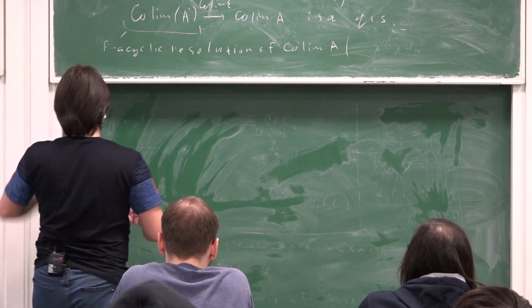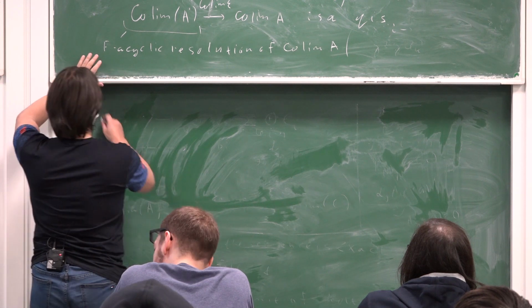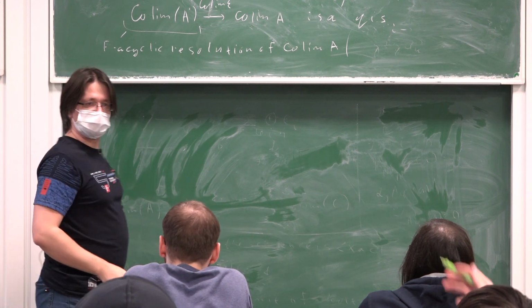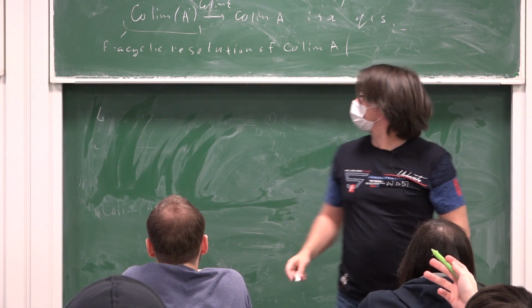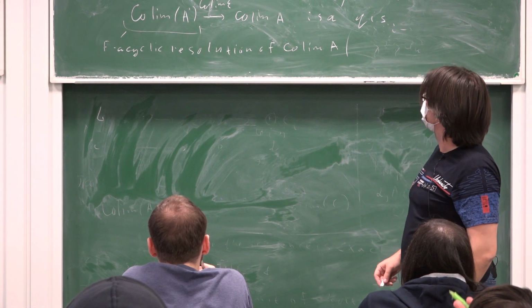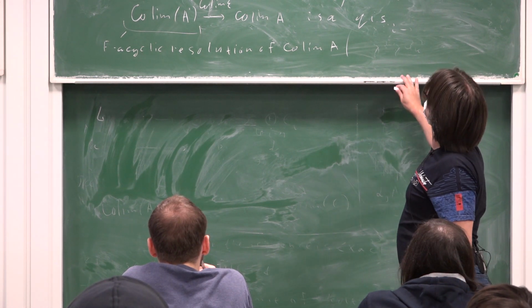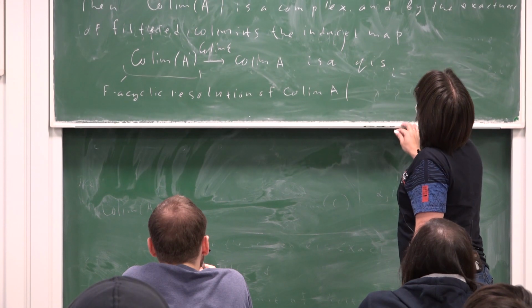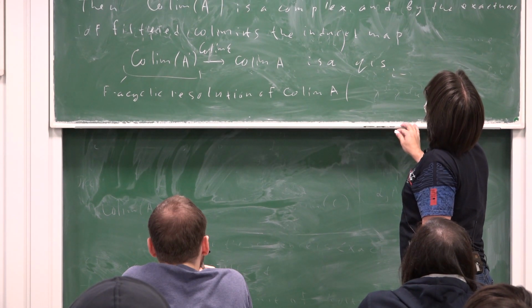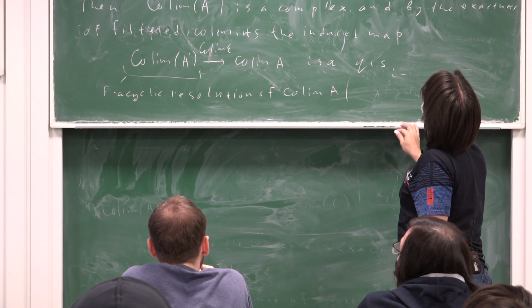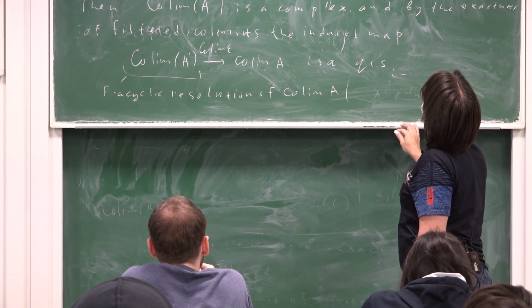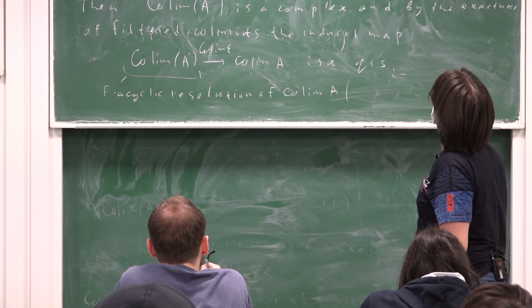We have this colimit of A, shouldn't be colimit of B, equals epsilon.